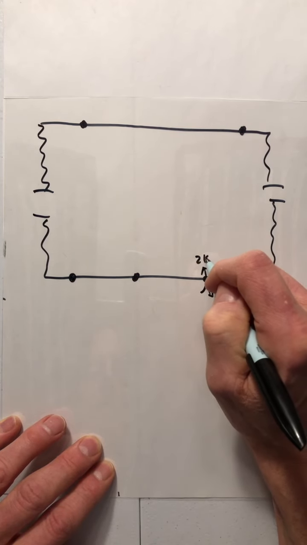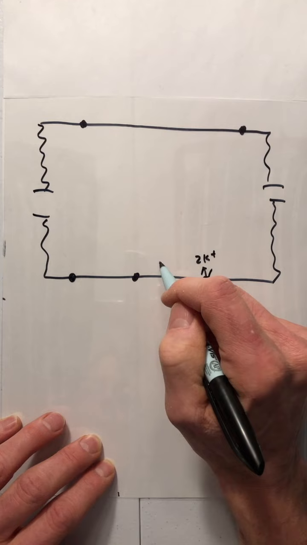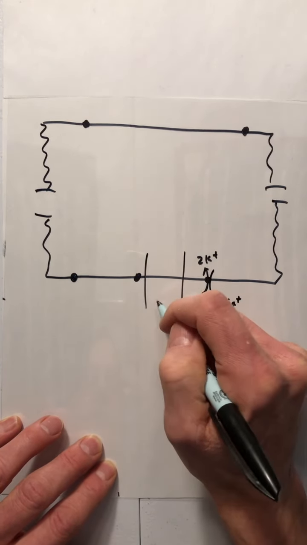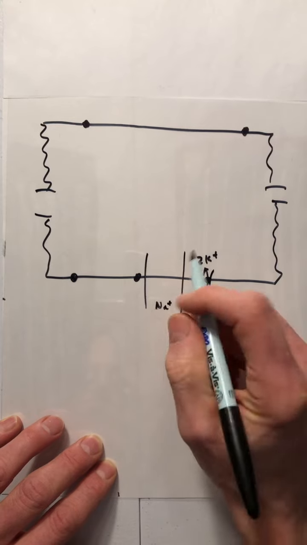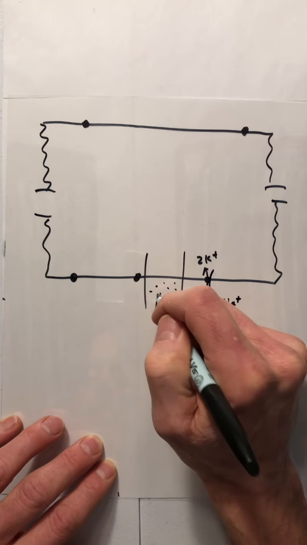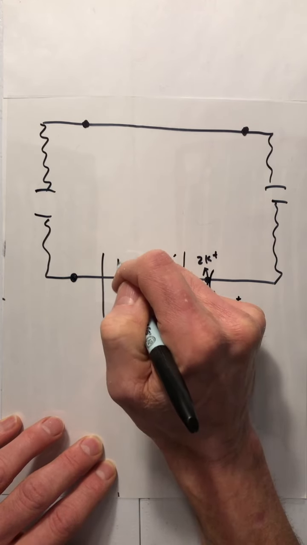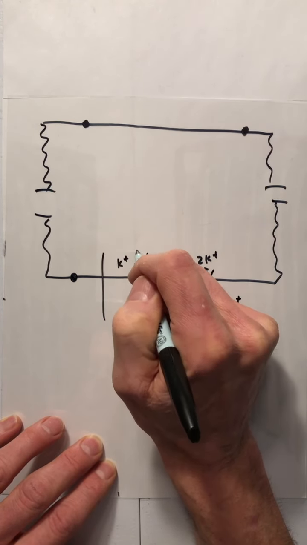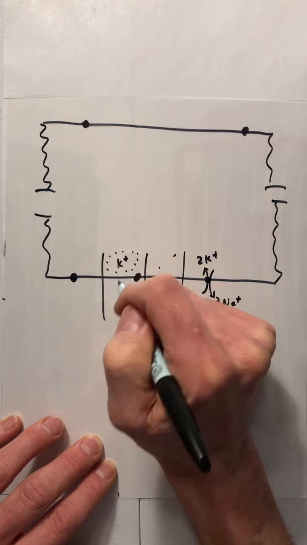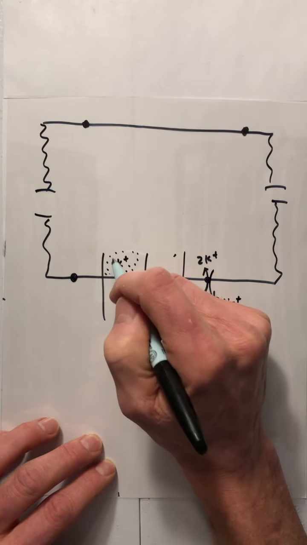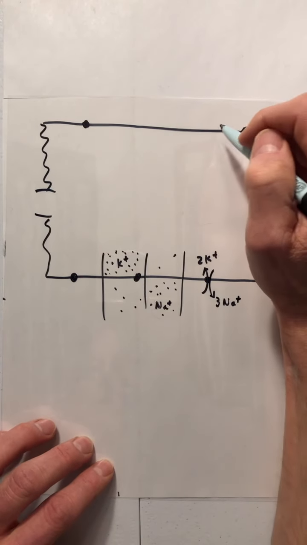As a result of that, they create a gradient across the cell membrane, whereby sodium is more concentrated outside cells than inside, and potassium is more concentrated inside cells than outside. And then, of course, there's also the calcium ATPase pumps.